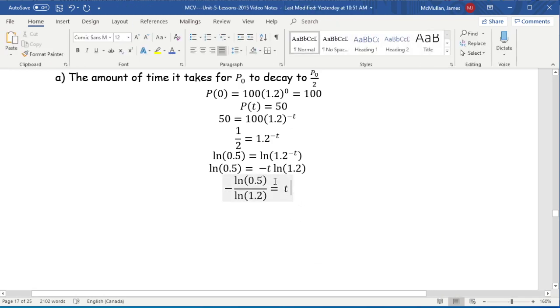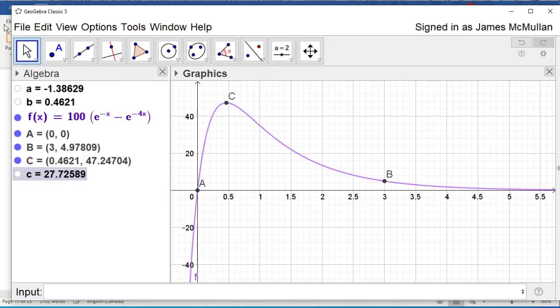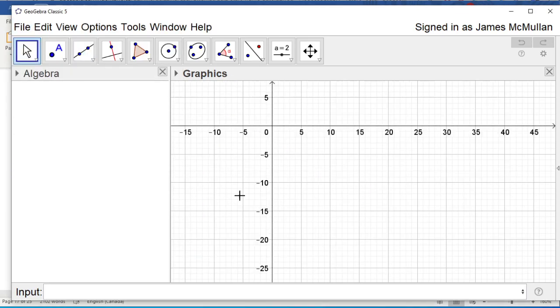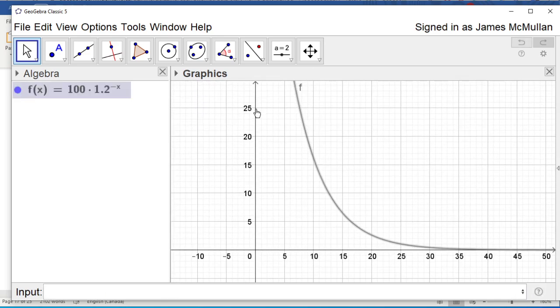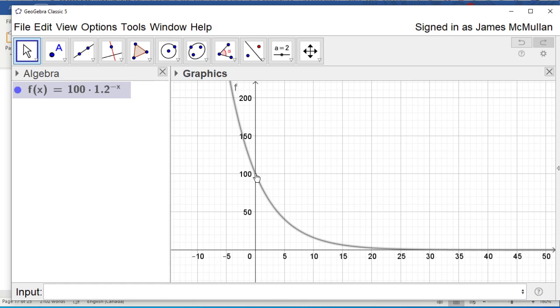Okay, so let's go ahead and do that. Let's draw it first. So we'll go 100 times 1.2 to the power of negative x. This is the decay curve we're looking at.